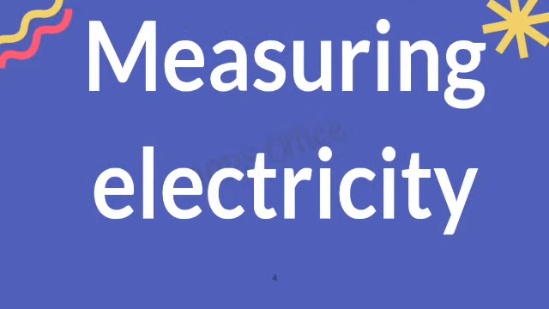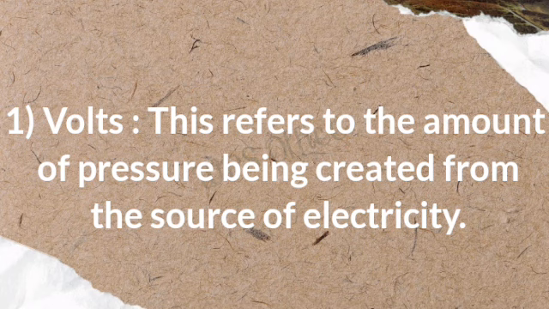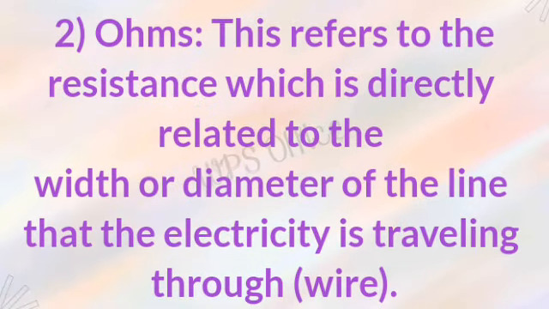Next, measuring electricity. There are various ways of measuring electricity. 1. Volts. Volt refers to the amount of pressure being created from the source of electricity. 2.